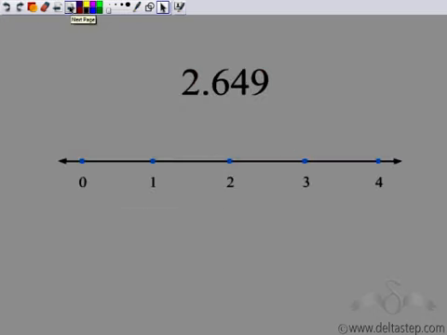Let us try to see the same number 2.649 on a number line. Let us see how each digit adds different size dimensions and different size divisions to this number.